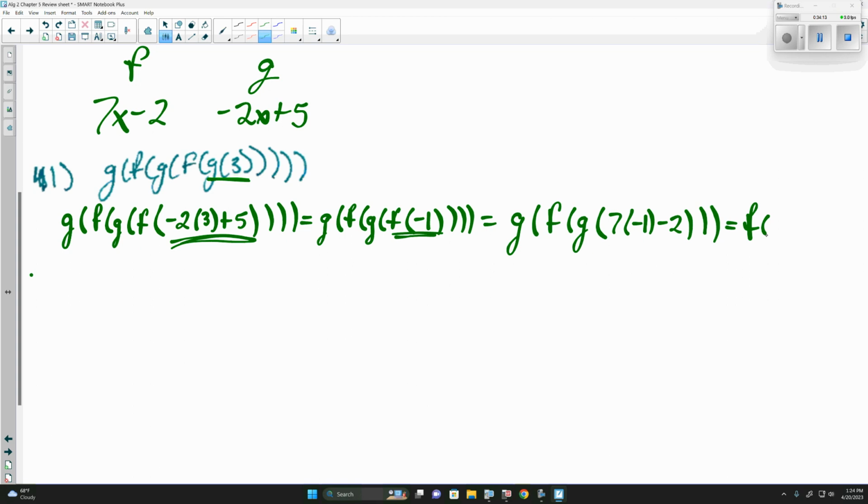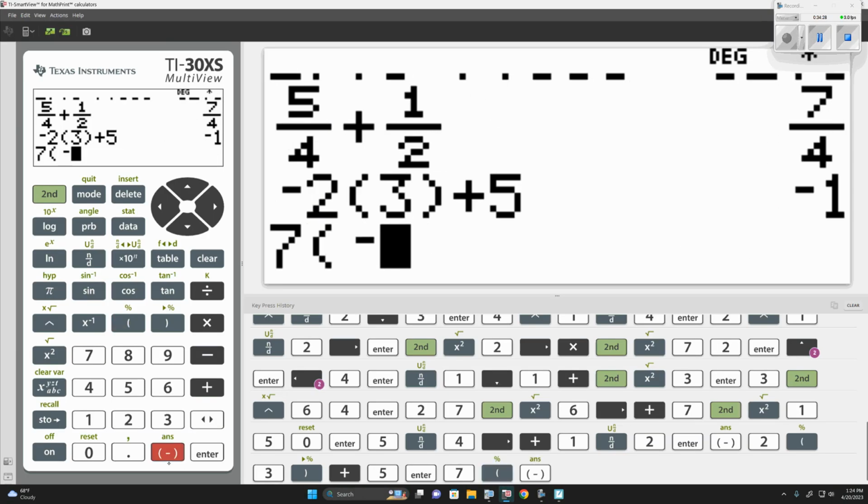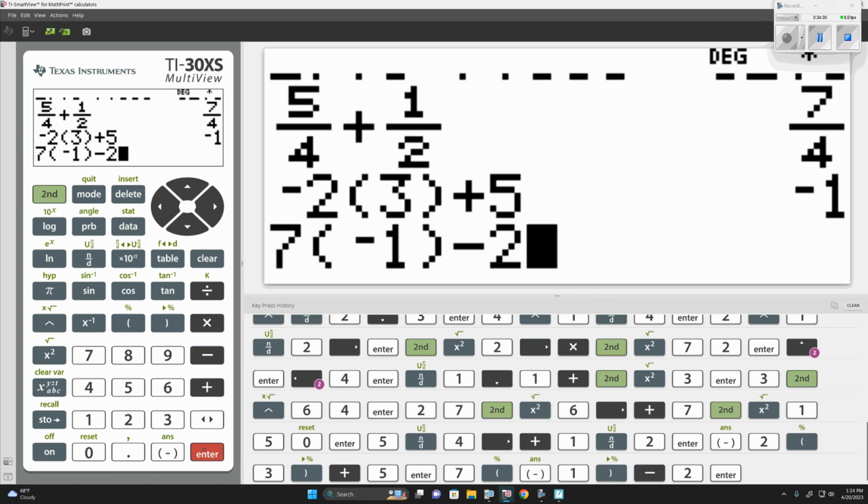Should be f of g, no, sorry, got them flipped. G of f of g, and again, we plug this in. 7 times negative 1 minus 2 is negative 9.